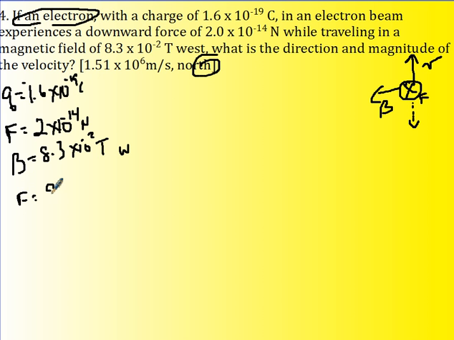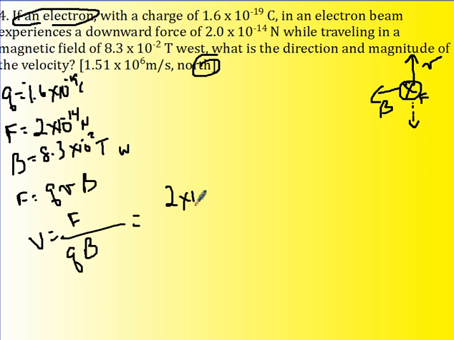F equals QVB. So V is F divided by QB. We've done this problem, haven't we? The force is 2 times 10 to the negative 14 newtons divided by 1.6 times 10 to the negative 19. Do not worry about the sign.